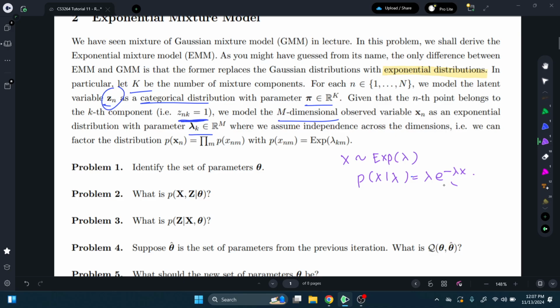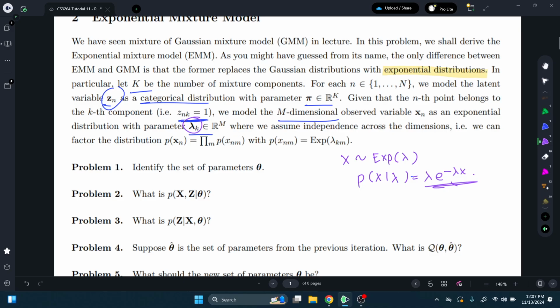In fact, we will see this a lot today. As long as you have the exponential distribution, then this will work. However, do note that the parameter given to us, this lambda_k itself, is a vector. That means for one particular k value, this is the parameter lambda, which is of m dimensions, because it will be associated to each of the x features.